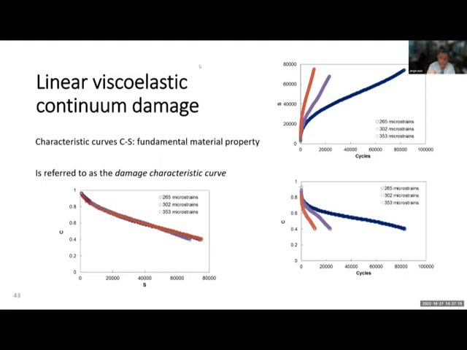But if we plot the pseudo stiffness against the damage parameter, we can see that the curve is the same for different strain levels. So it's interesting because we reduce the testing time for the analysis of road materials.